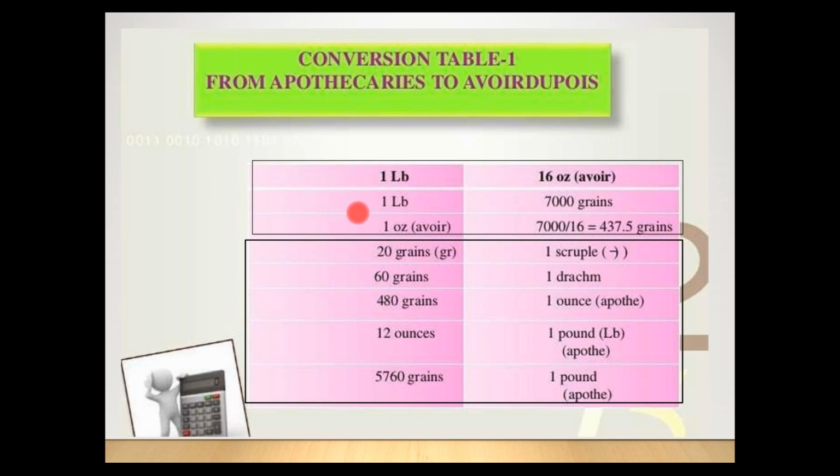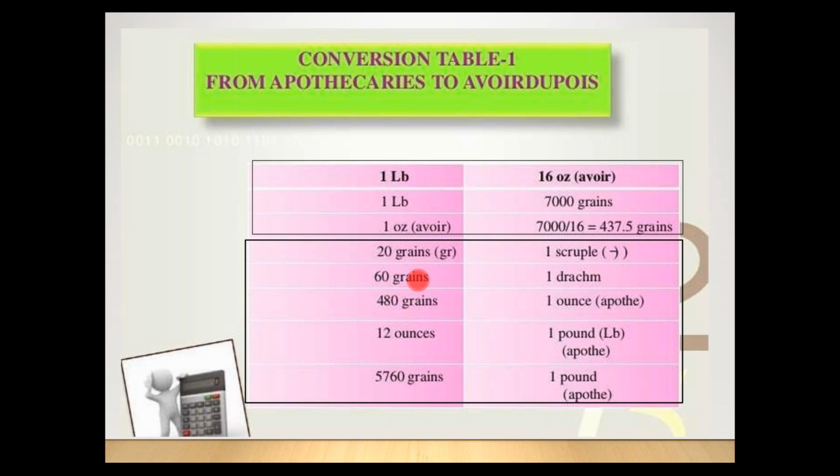Is it clear? Apothecary and avoirdupois. Here 1 pound is 16 oz. 1 pound is 7,000 grains here, and 1 oz is equal to 7,000 by 16, which is 437.5 grains.